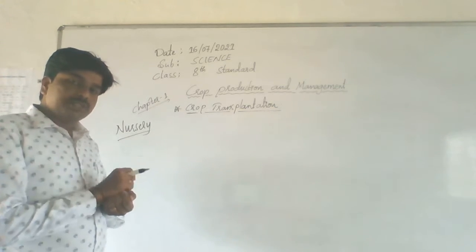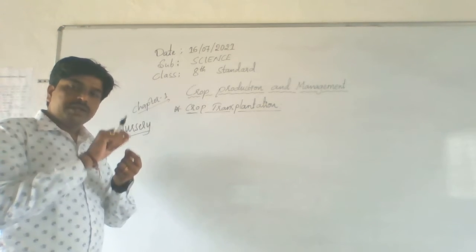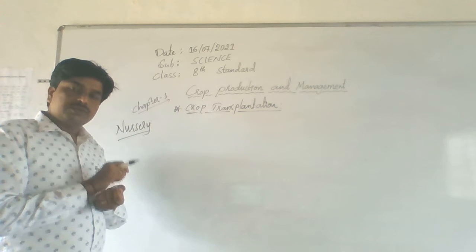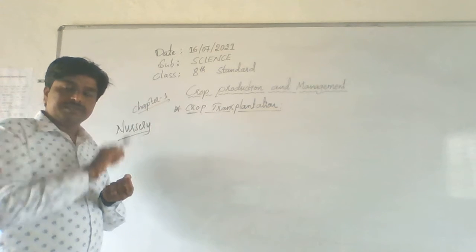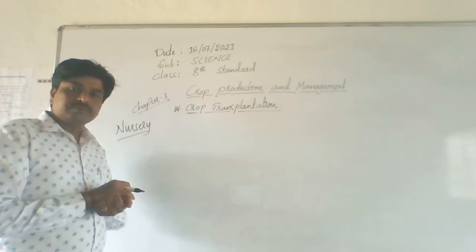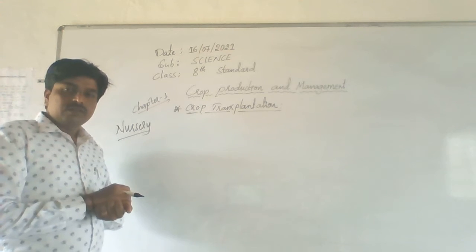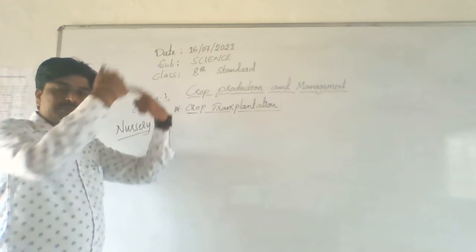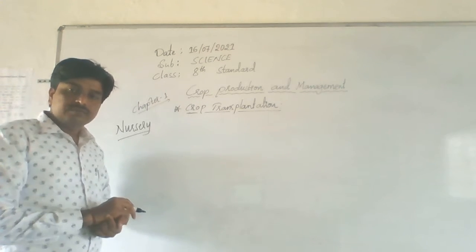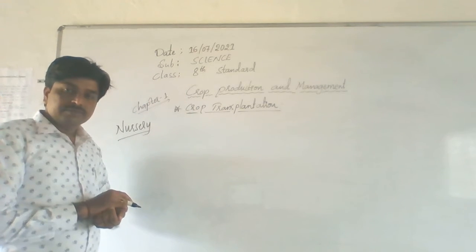After seed germination, the baby plant will develop. They nurture that baby plant in the nursery. When that plant grows to a very small size, those plants are then transferred to the main field.